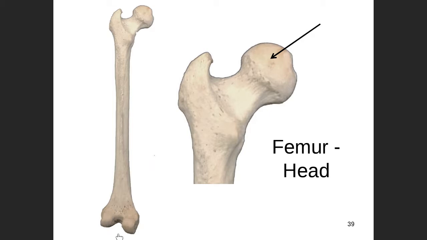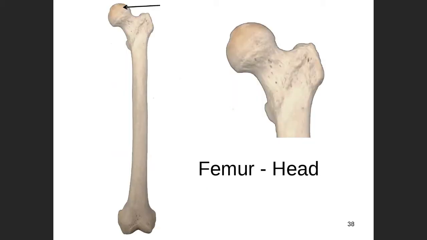So here's the posterior view. I'll flip it right back. Here's the anterior view. You can't really see those rounded condylar surfaces as well. So that's why I tell students you can use that as one of the ways to differentiate the anterior view from the posterior view.